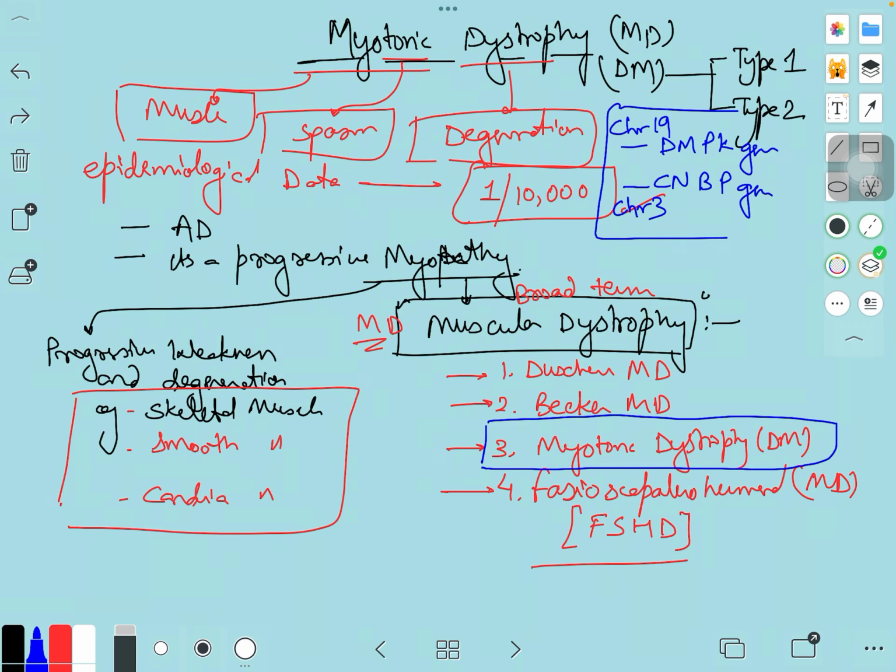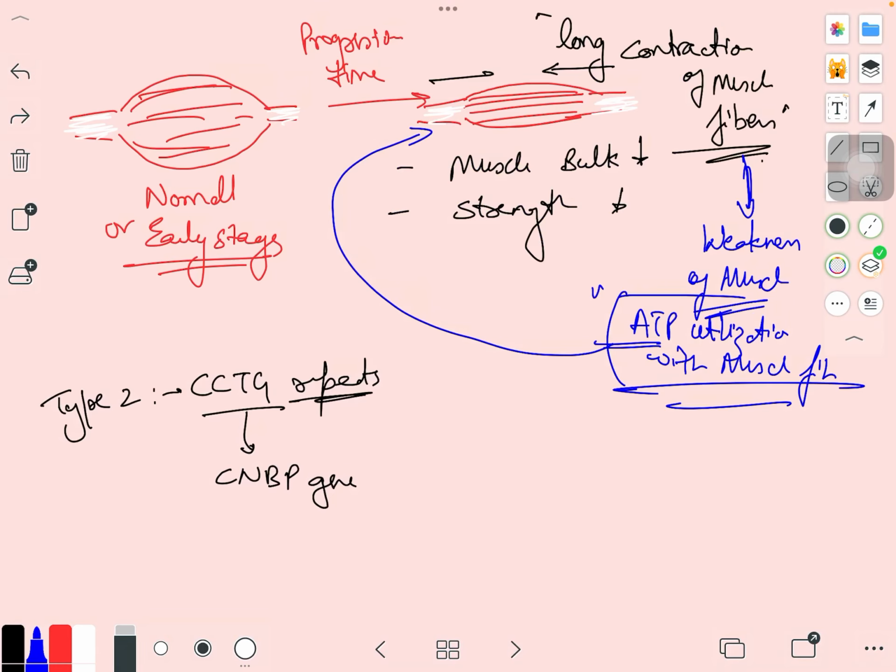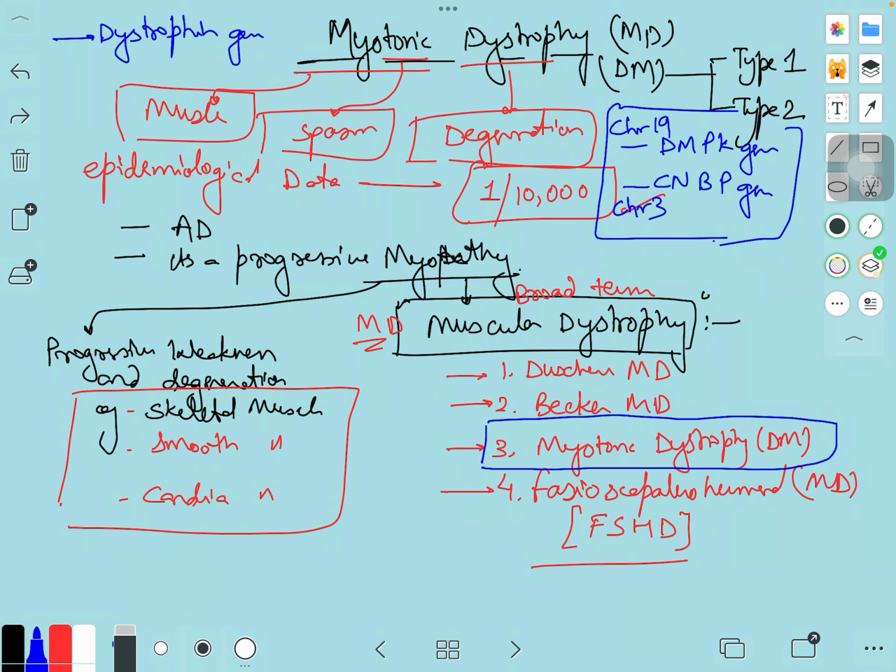So these two should be remembered by you at least. And the main protein affected was dystrophin, the dystrophin protein, right? Formation was altered in this case. Not gene, it is protein.